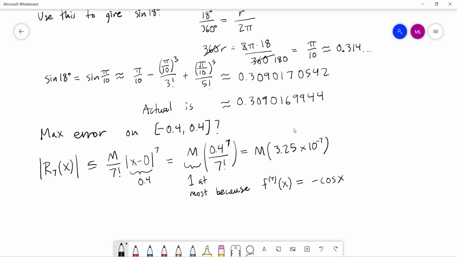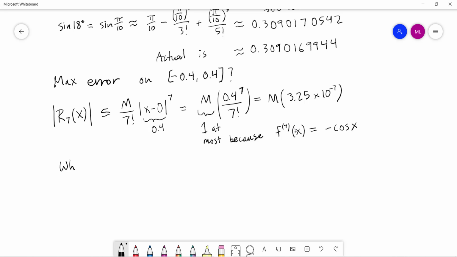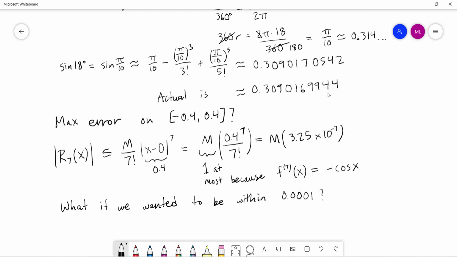What if I wanted to be within 0.0001, right? So 10 to the negative 4th instead of something on the order of 10 to the negative 7th. How much further out could I go?